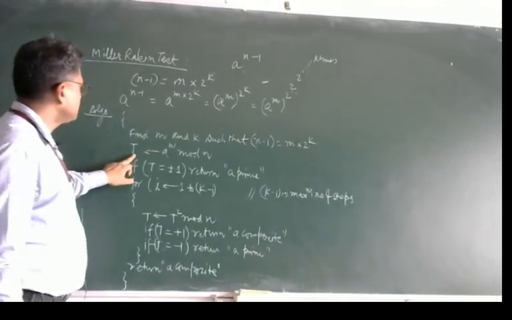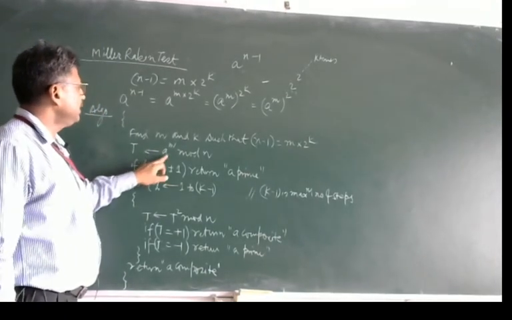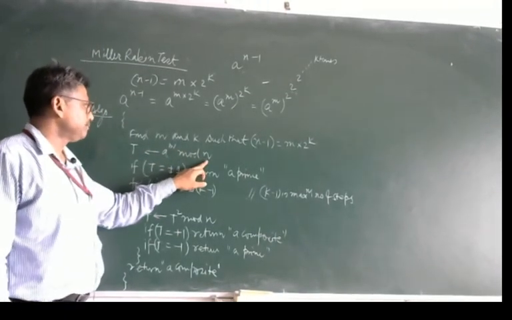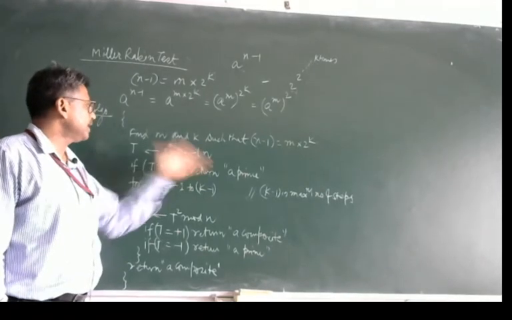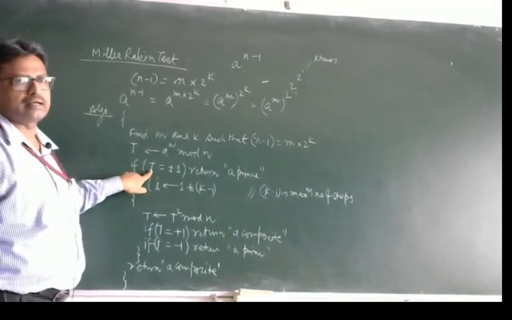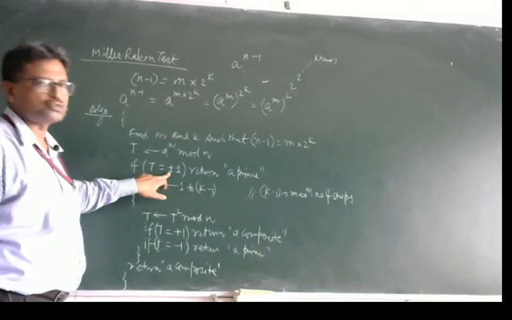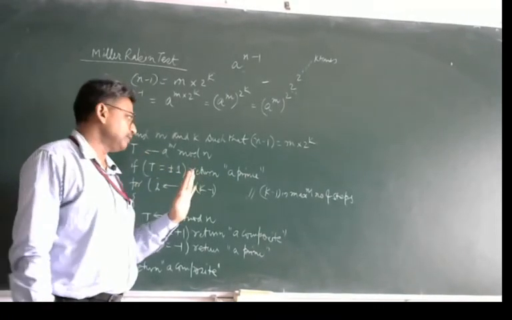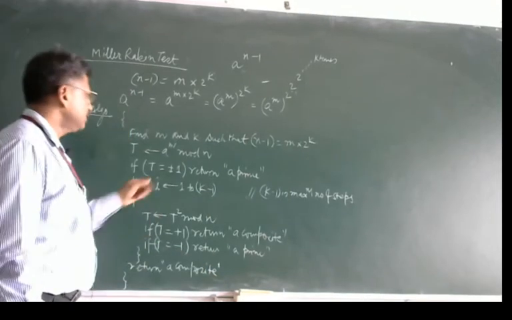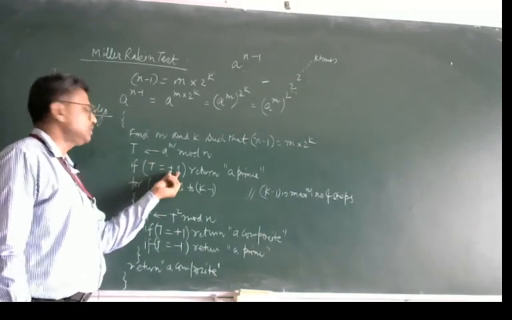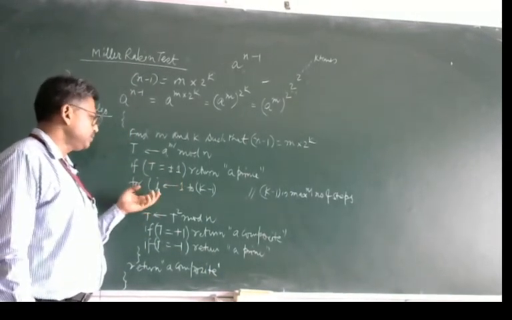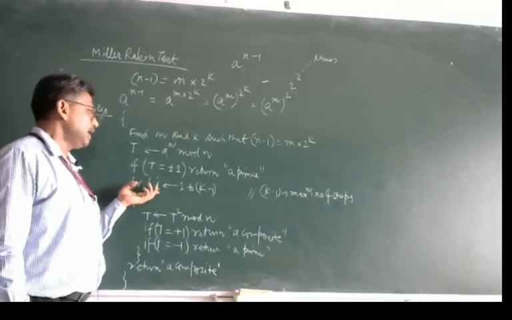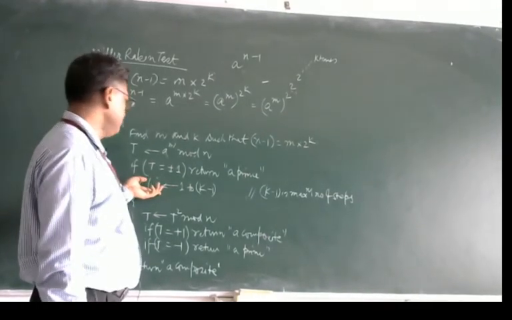Then we first calculate t is equal to a to the power m mod n. If the value of t is plus 1 or minus 1, we return that the number is prime. But if we are not able to get t equal to plus or minus 1, we have to do the iteration process using the square method.